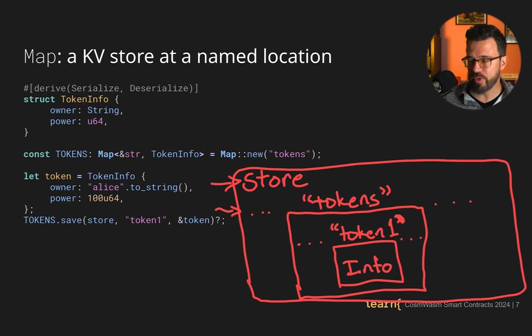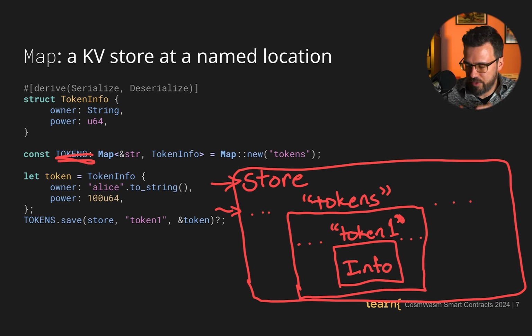At the tokens location in that map, we have our actual map, what we're calling our map here, TOKENS. That's the inner box. And then in that hash map at the token1 location, again, we could have any arbitrary number of items on either side. At the token1 location, we have our actual TokenInfo there. So we look up in the storage, hey, I want tokens, and that finds our tokens map, tokens table, if you will.